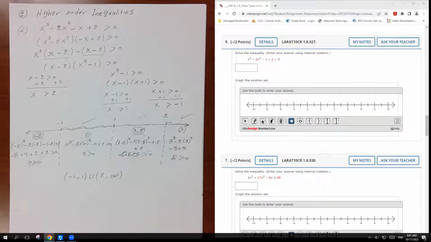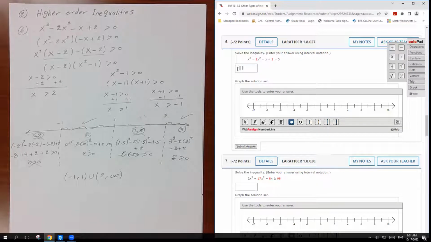So let's plug in the numbers here. That means we have parentheses from -1 to 1, (-1, 1), union another parentheses, which is (2, infinity).